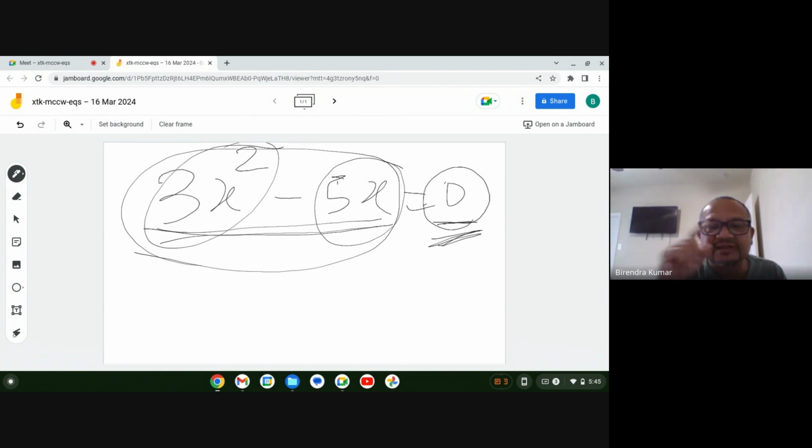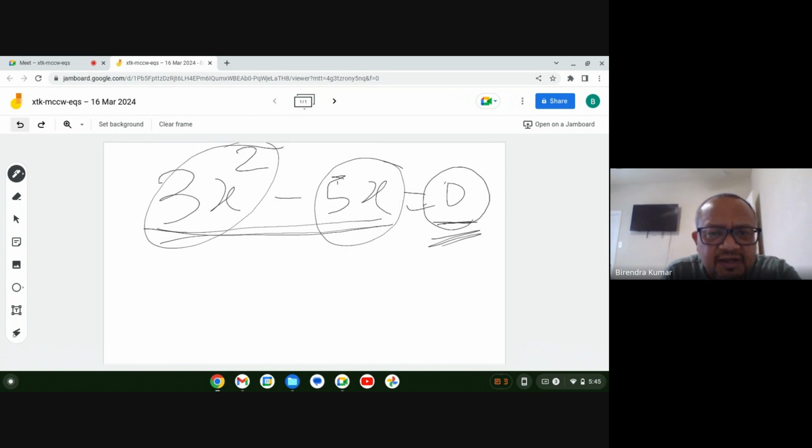Let's say I break this into two parts, so this equals a into b. Then I can say either a is 0 or b is 0, so that's why a into b becomes 0. Now let's look at how I can factorize this.